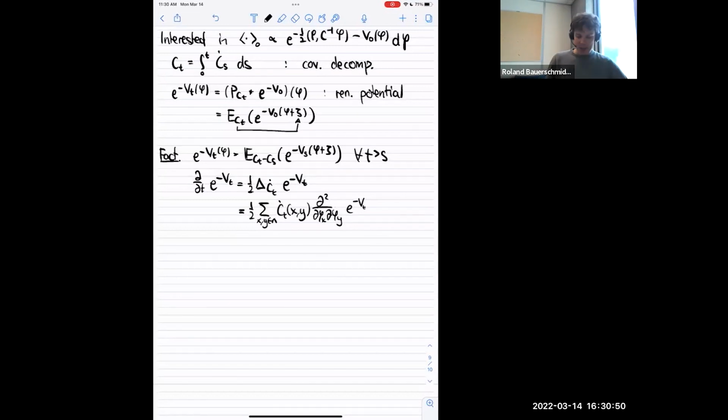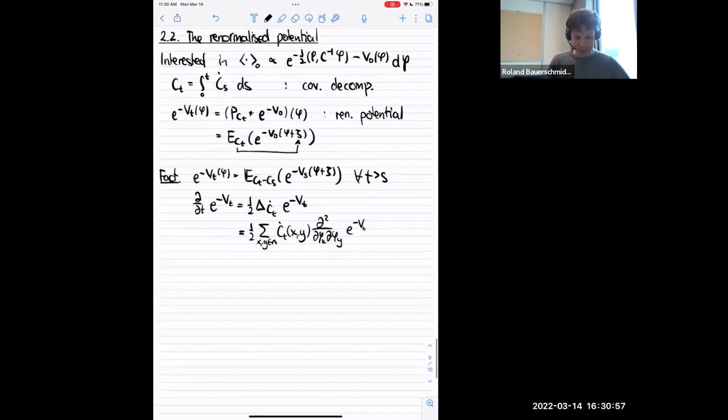So the exponential of the renormalized potential has a structurally very simple structure, the heat equation. If you take the logarithm of this, you can also check it satisfies a nice equation, and it's called the Polchinski equation. It's like a Hamilton-Jacobi type equation.